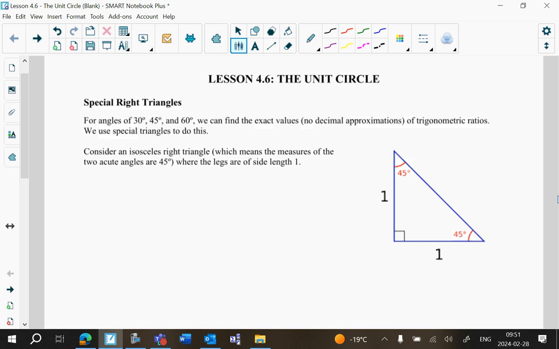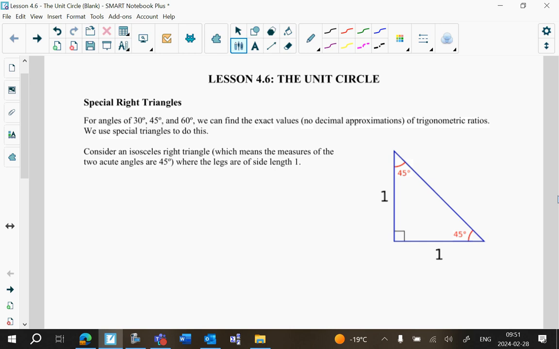Before we get into these, we need to find some measures in a couple special triangles. Common angles that we use: 30 degrees, 45 degrees, 60 degrees, 90 degrees, and their multiples going past 90 degrees.